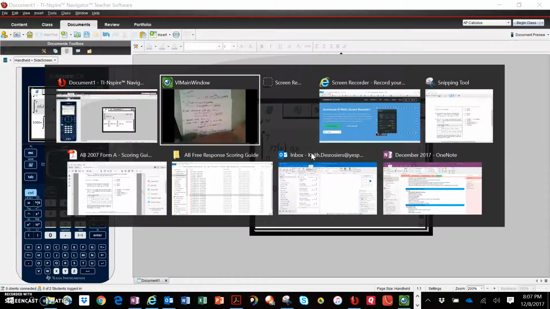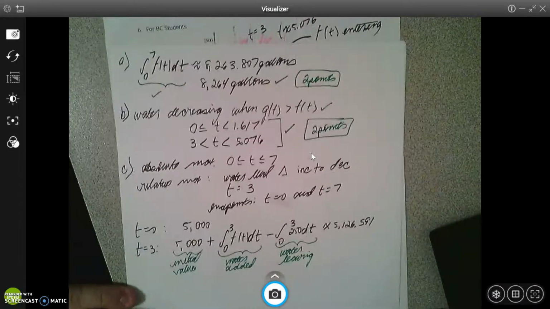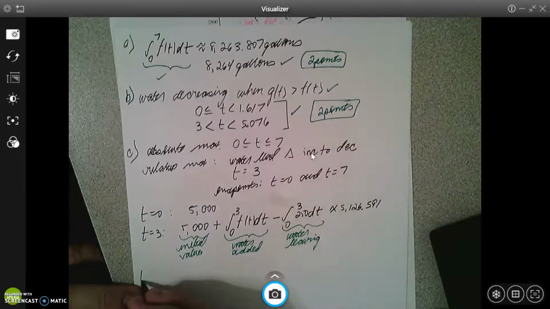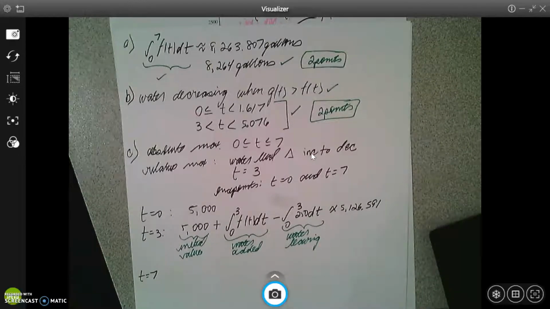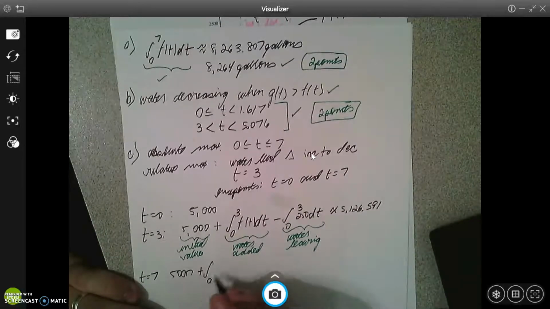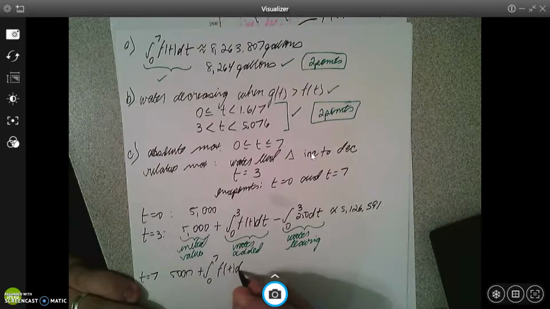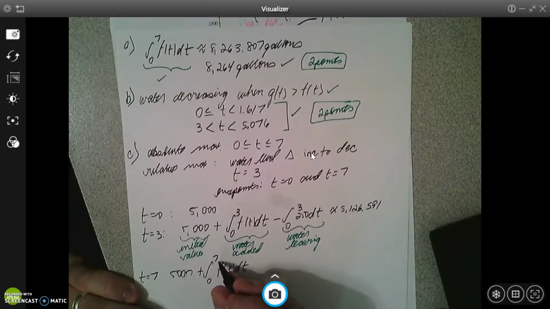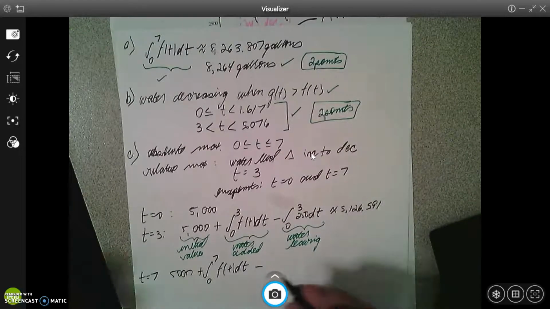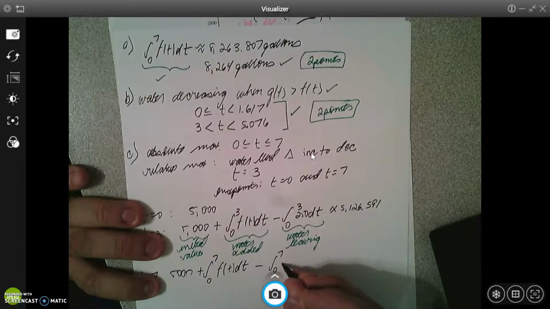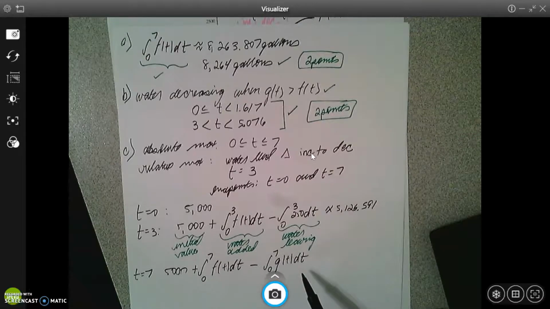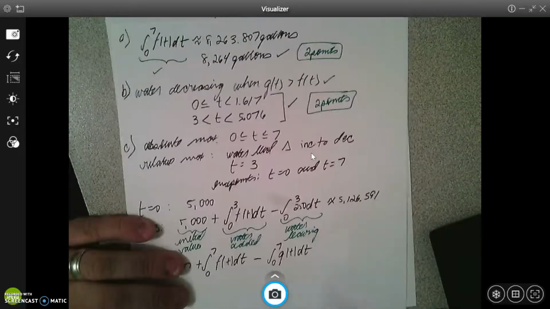Let me just go back to my notes. We know the amount of water at time 0. We know the amount of water at time 3. The last thing we need to do is figure out the amount of water at time 7. Well, that's not too hard. 5,000 plus the integral from 0 to 7, because now I'm adding water for a longer amount of time, minus, now this is where we need to be careful. I need to subtract the integral from 0 to 7 of g of t, the rate that the water is leaving the tank, but g of t is a piecewise function.